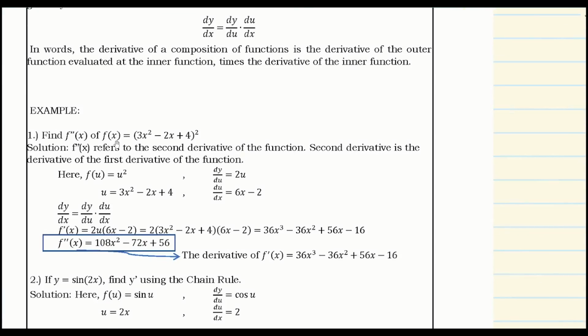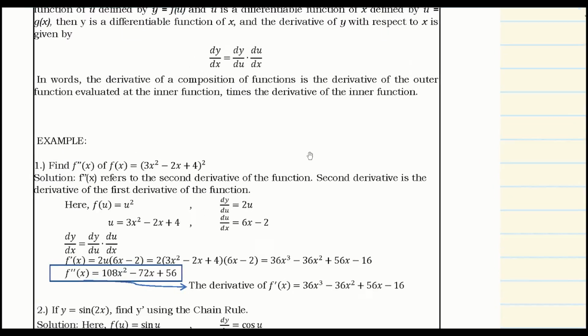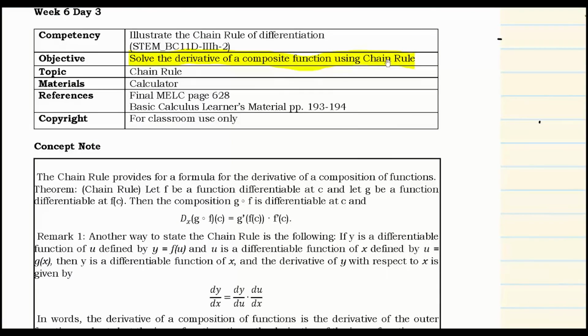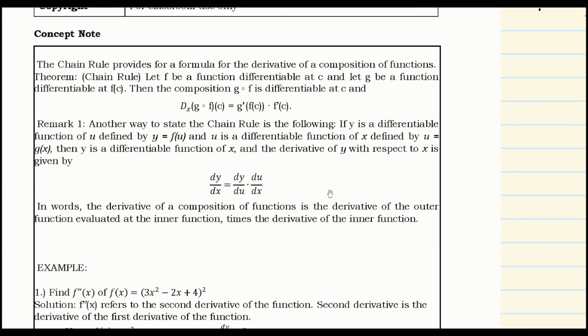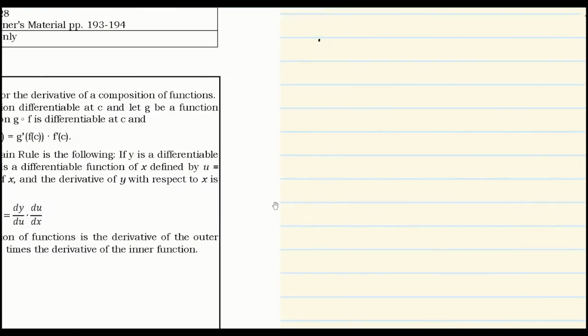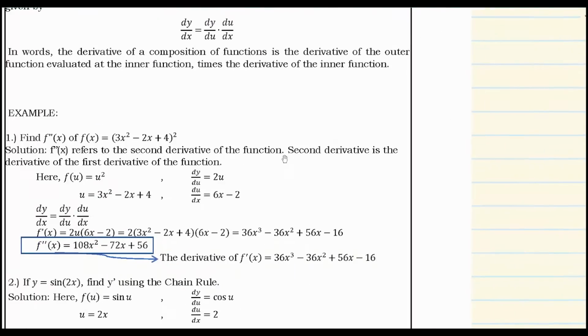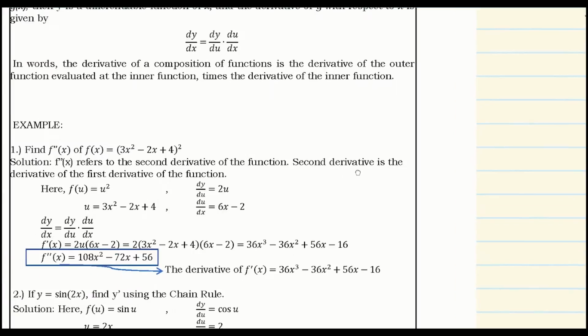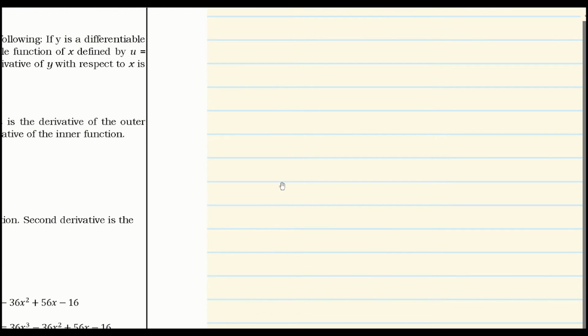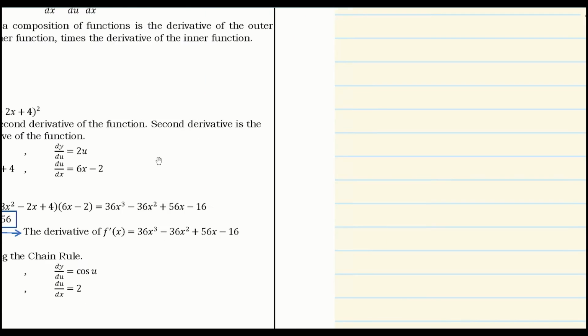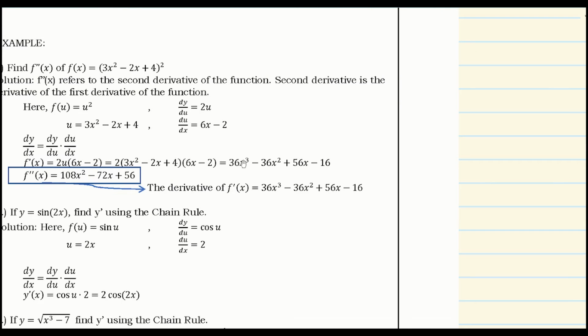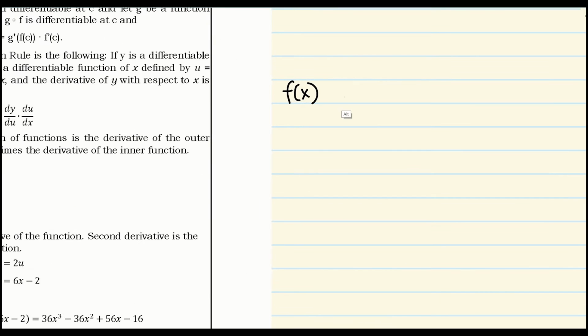Okay, so let's try this example over here, so you will better know what the chain rule and this composite function are. Mostly here they do the shortcuts already, right? So let's not shortcut it.